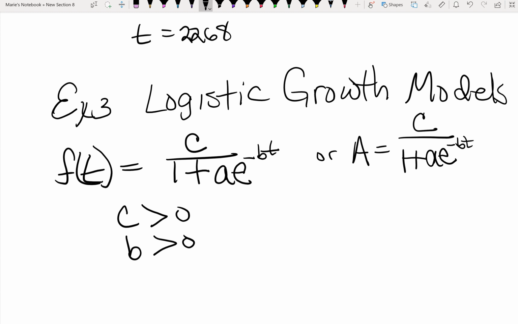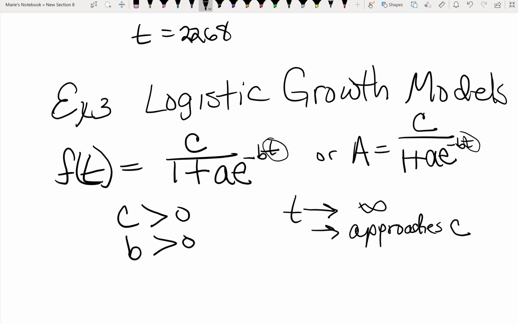I want you to understand that in this equation, as our time t in both of these models increases, so it heads towards positive infinity, the e term approaches 0 and the model gets closer to c. So this approaches c, or you could put the model approaches c.